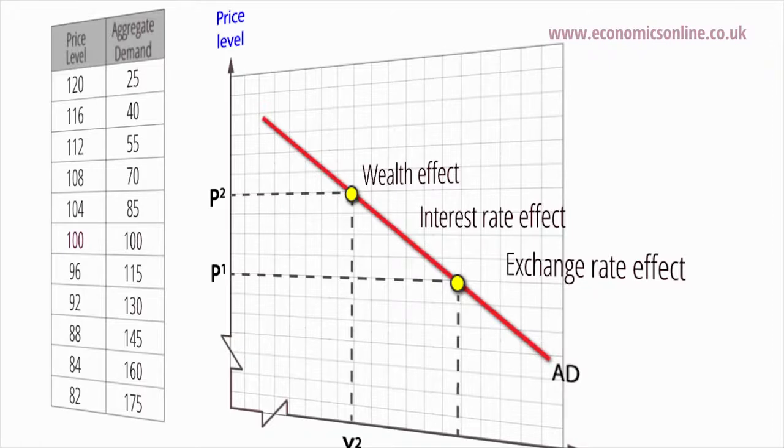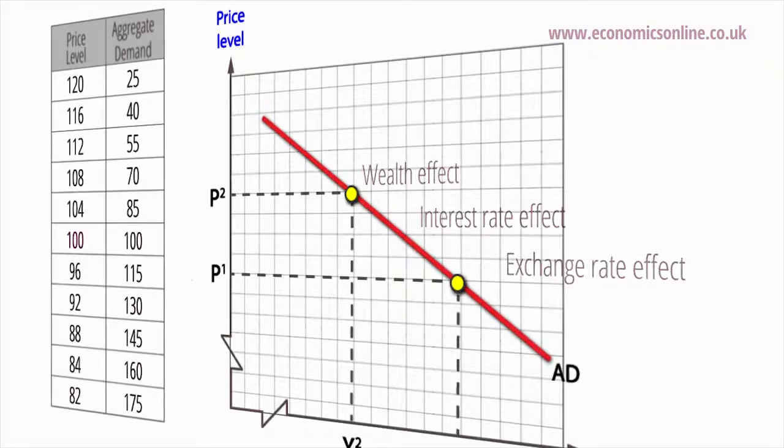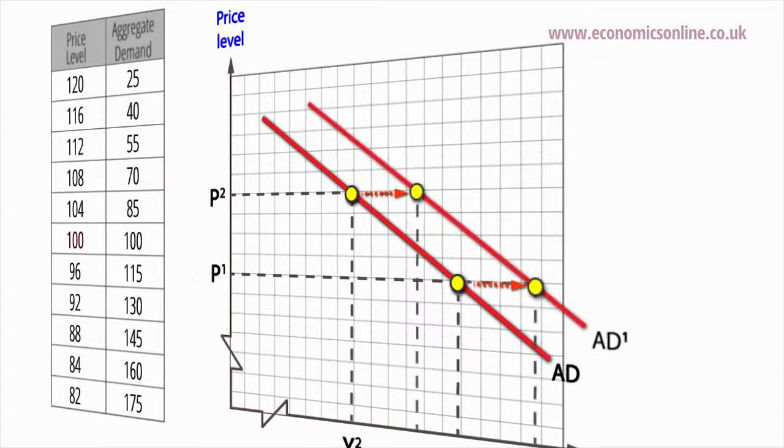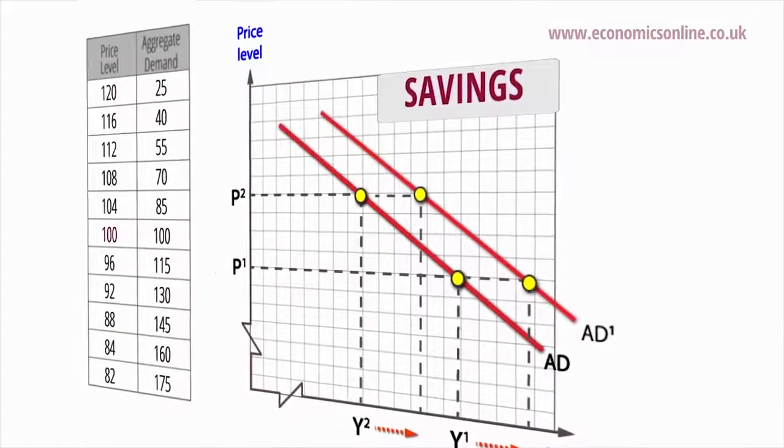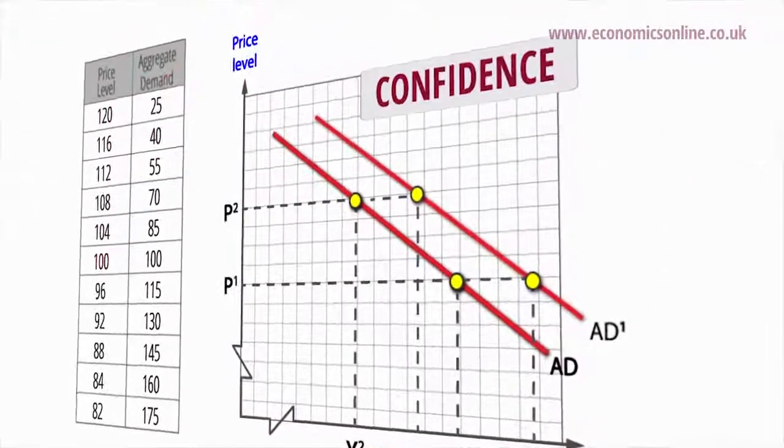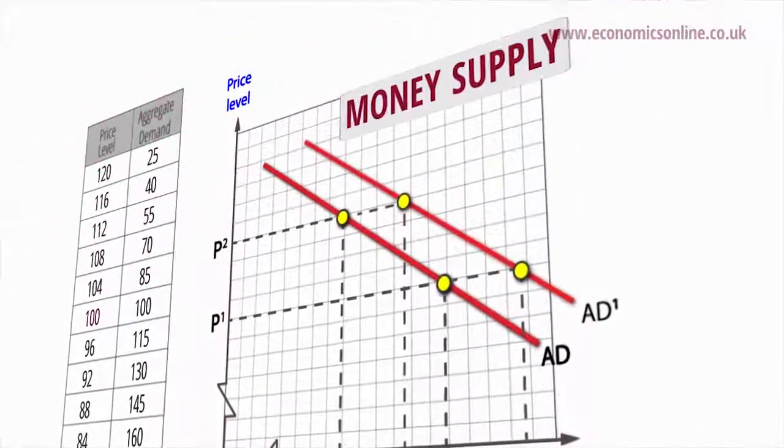If we now hold the price level constant, these effects are put on hold, and other factors come into play which shift the whole position of the AD curve. Shifts from changes related to consumption include changes in decisions to save, changes in confidence levels and expectations, and changes in the quantity of money or availability of credit.